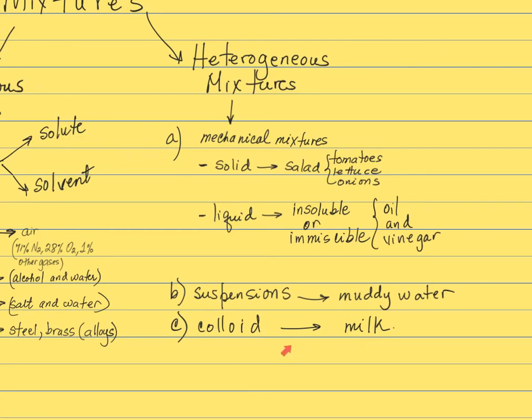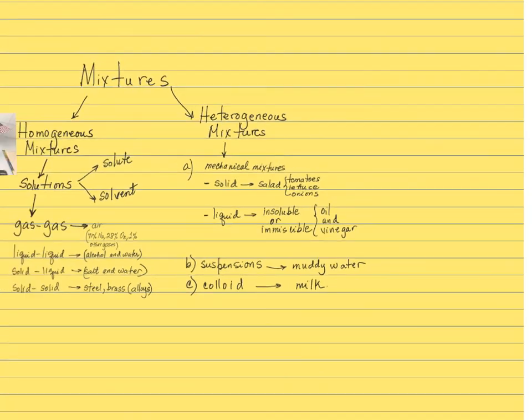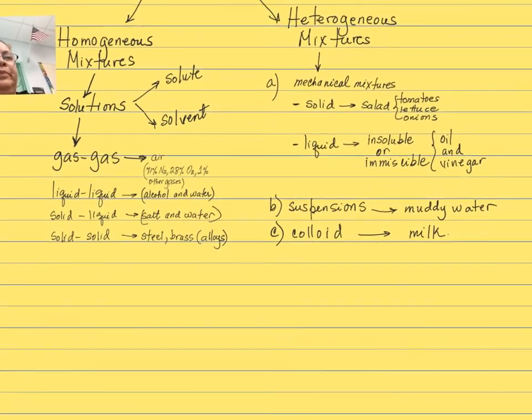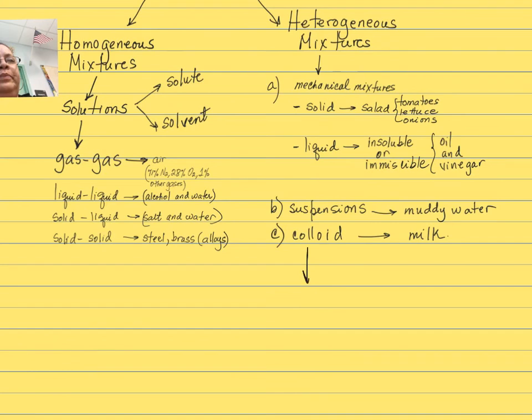Okay, how are you going to differentiate a colloid from a solution? That was part of your vocabulary activity. If you were in my physical science class, I was showing that to you.